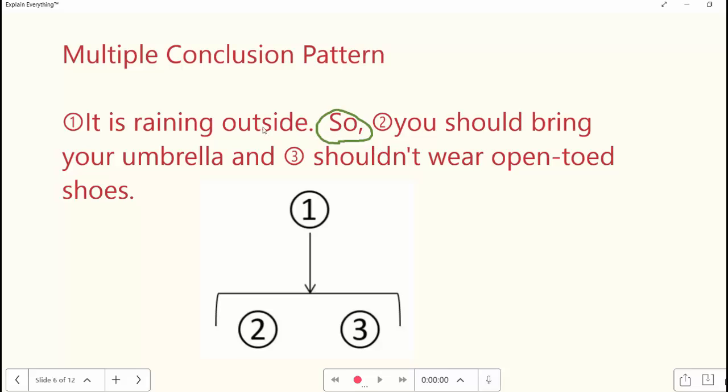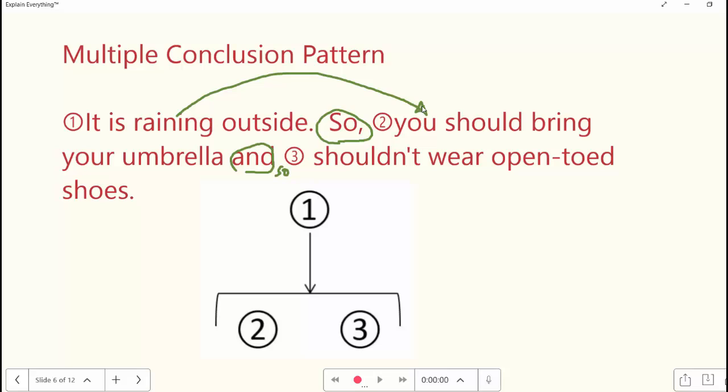And if we think about the argument as a whole, we'll notice that the conclusion indicator is in some sense implicit with the "and" after here. And that doesn't always have to be the case, but it is the case here. And what that tells us is, it is raining outside.